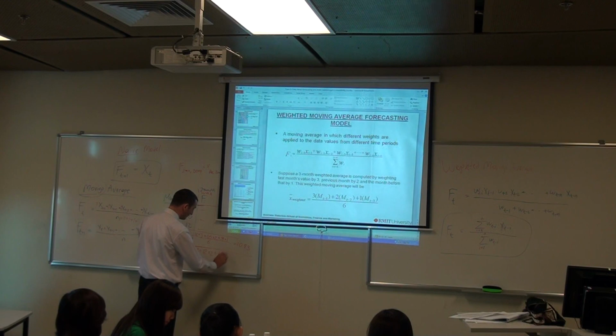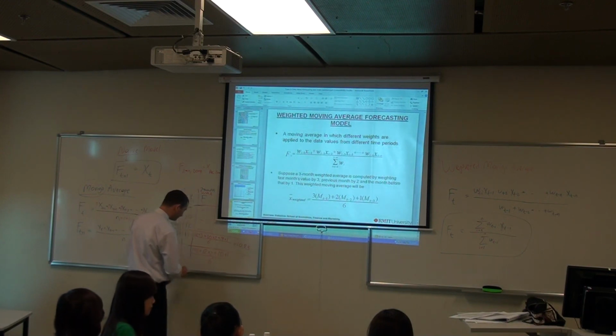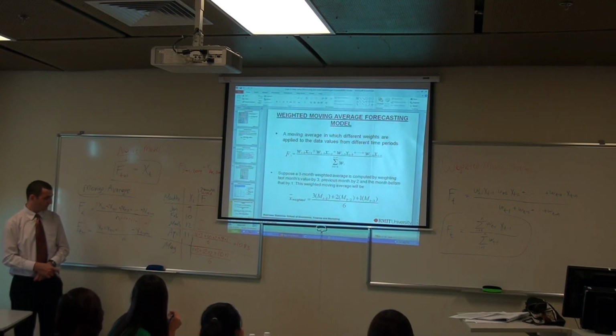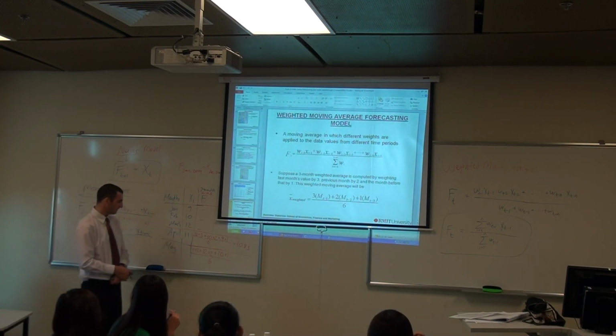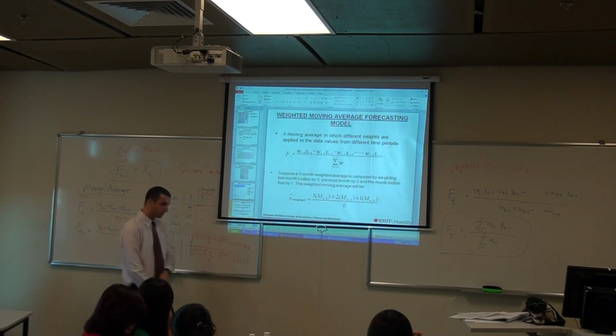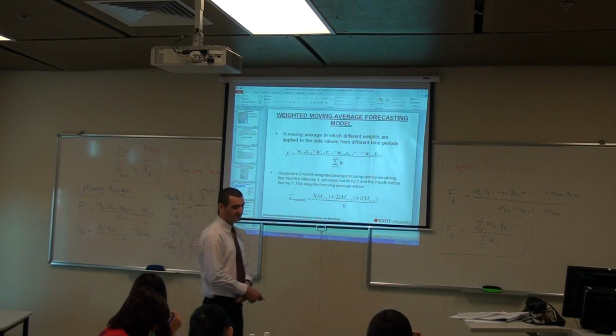Divide by 6. 33 plus 24 plus 10 is 67. 67 over 6 will be 11.16, right? 11.166.